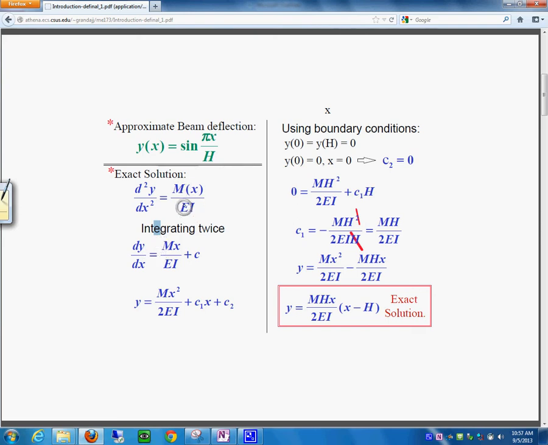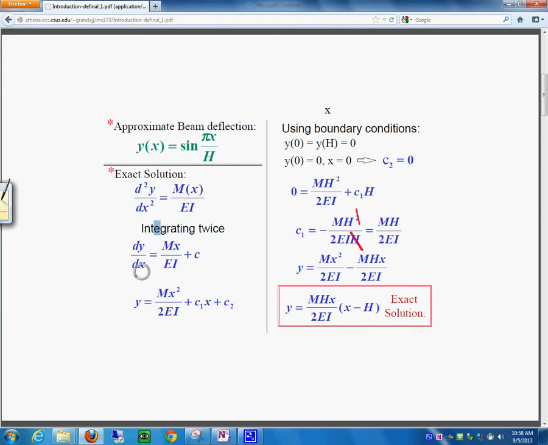So you take M(x) over EI and integrate both sides, and dy/dx becomes M(x) over EI plus C1. And then if you integrate another time, you get y equal to M(x) squared over 2EI plus C1 x plus C2.